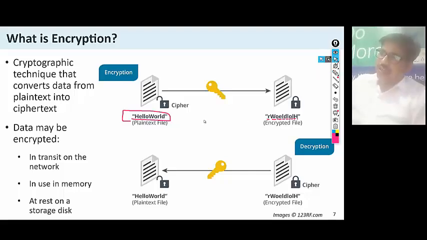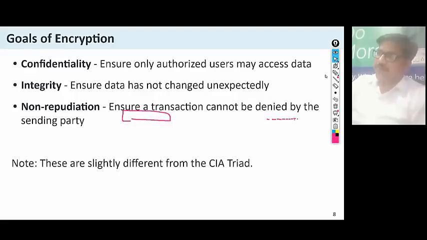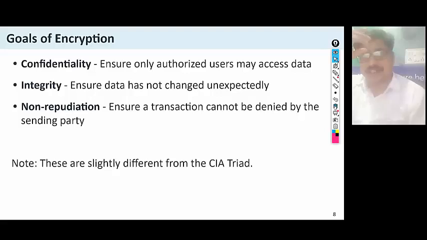So now the question is: what is the goal of encryption? Why do we need to do encryption? If the data is encrypted, anybody may be able to access your hard disk, but he cannot read the data.